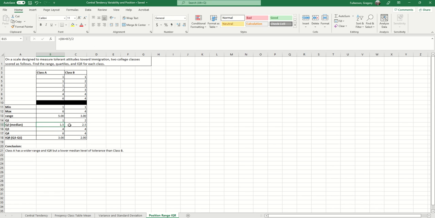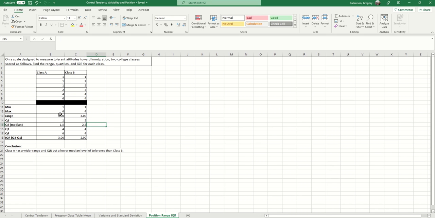And that's important, as we saw before. So the median is going to take the two middle values, B6 plus B7, and make sure to put those in parentheses, and divide by 2. Right? So it's the average of those two scores. All right, so the median is 1.5, and that was for class A. For class B, the median is 2.5, so the average of 2 and 3.